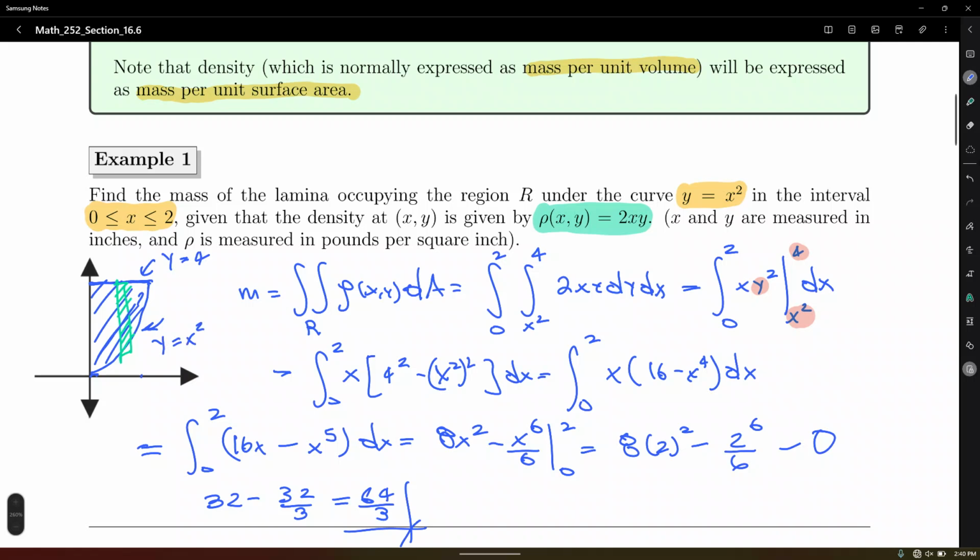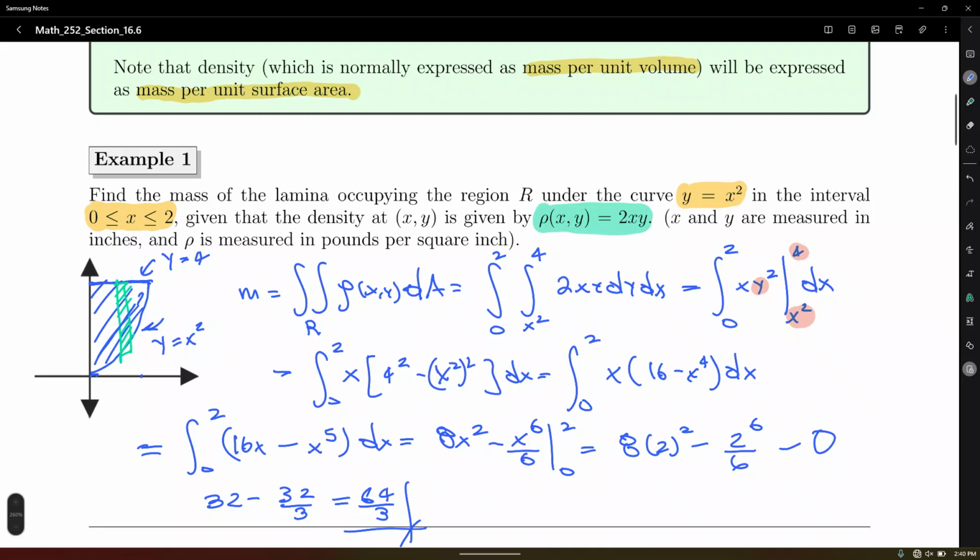In the region description, it only says y equals x squared and the interval 0 to 2 for x. If you substitute 0 into this parabola, you get the origin, that's 0. But if you evaluate it at 2, what do you get? 2 squared, which equals 4. So that's what gives rise to this horizontal line, y equals 4.